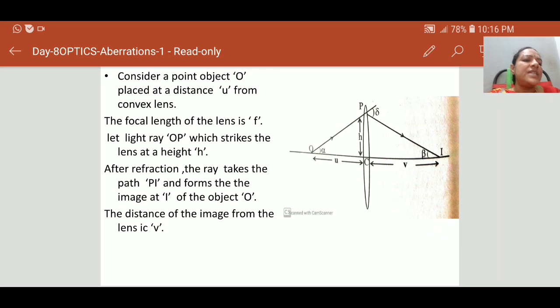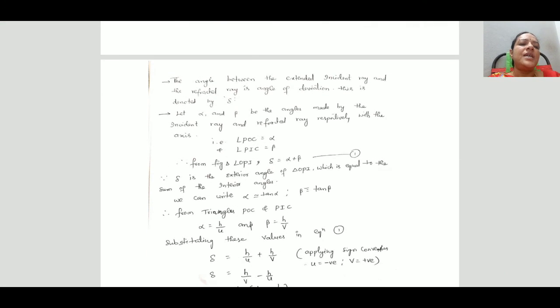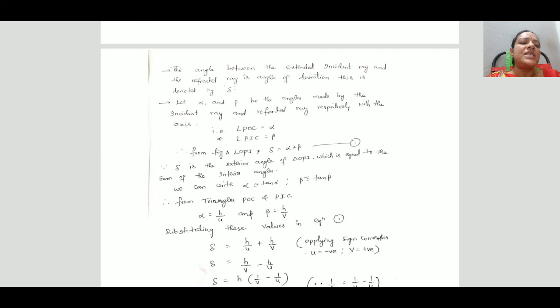By seeing this figure you can understand that delta must be equal to alpha plus beta. That is the simple first equation, delta is equal to alpha plus beta. This alpha can be assumed to be equal to tan alpha. Similarly beta is equal to tan beta.